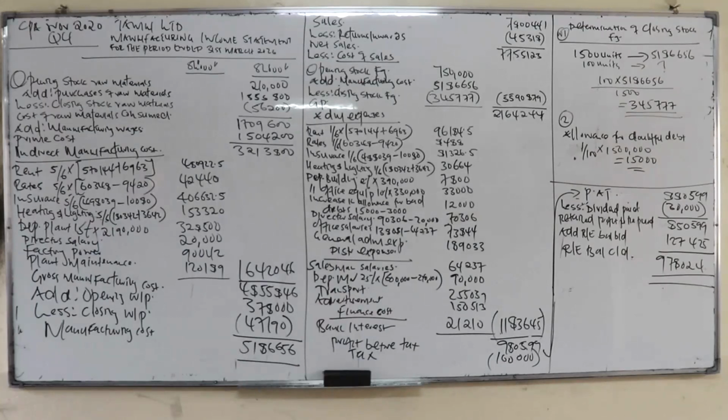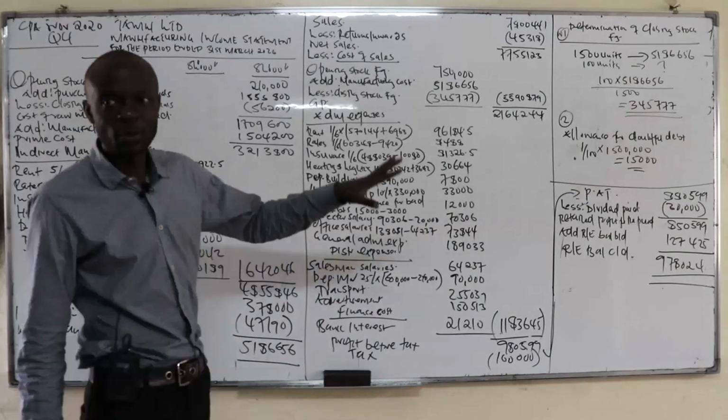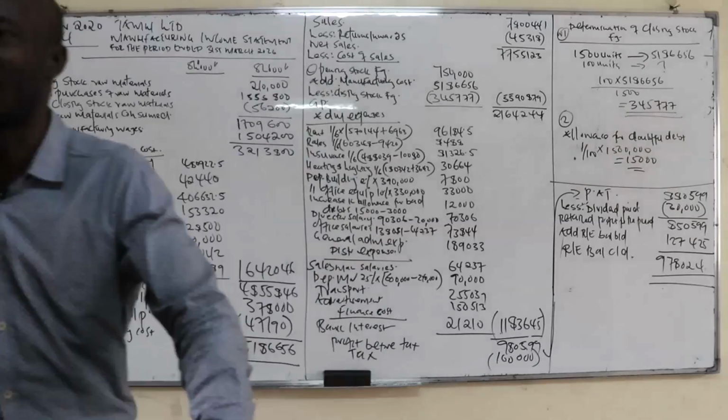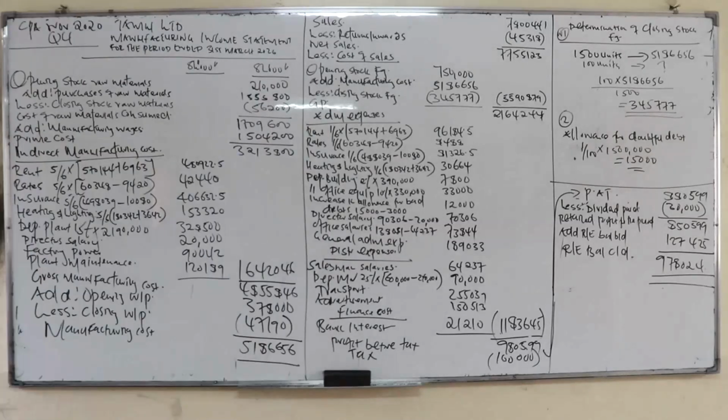Yes. Provision, I told you, if it is in the trial balance, it is like accruals. It means it has not been paid, so you recognize it. You deduct it from the profits here. Provision means it is in the additional information. If it were in the trial balance it would mean it has been paid.